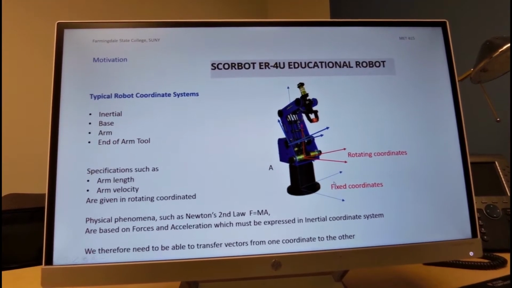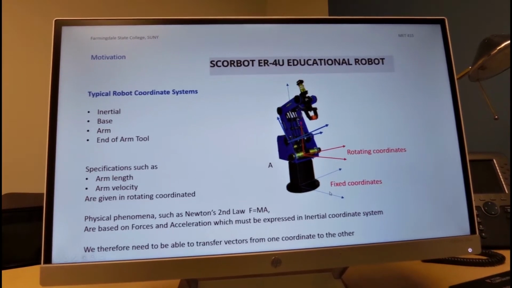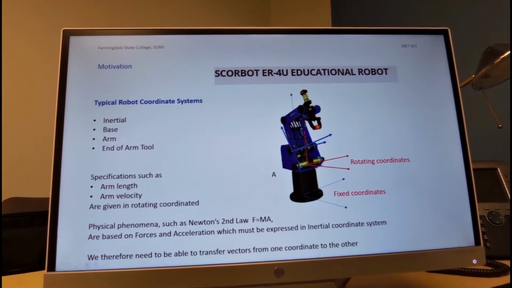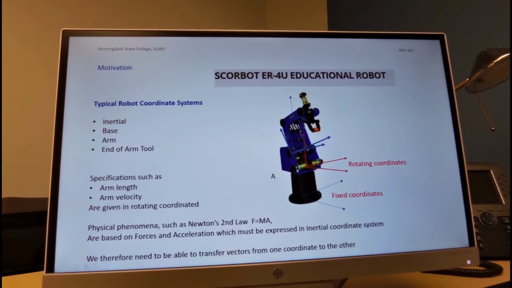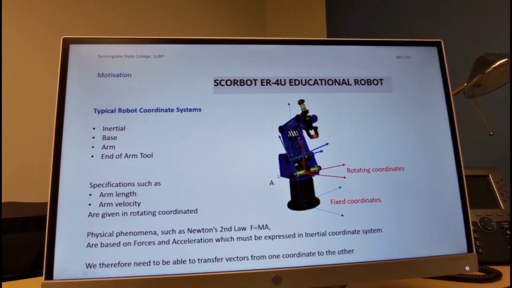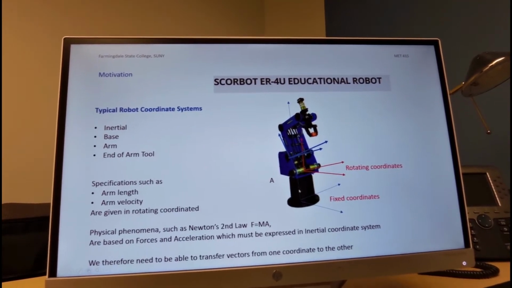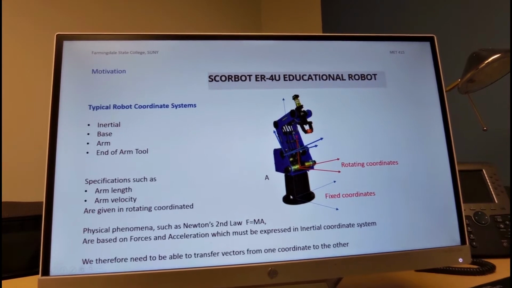a fixed coordinate system to the base of the robot. We call that inertial frame, as well as moving coordinate system, such as the one which is attached to the base of the robot, the one which rotates with respect to the frame.